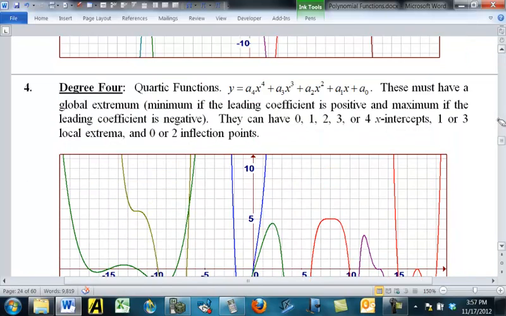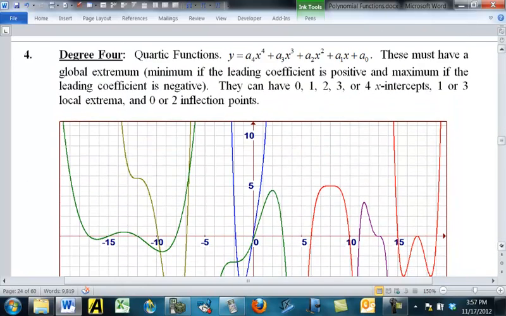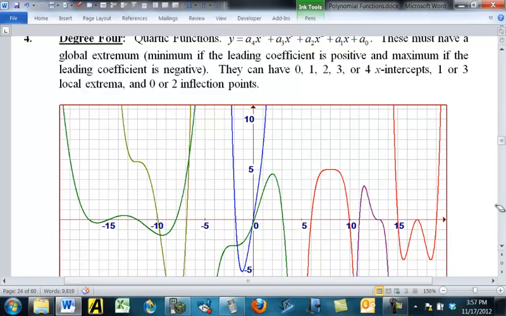Okay. So here's some degree 4 things, and there are several things that could happen. The most general, typical case you want to think about is this green one here, where it comes down, and when you factor this, it has 4 factors that are all different, x minus some real number, and so we get 4 distinct roots.